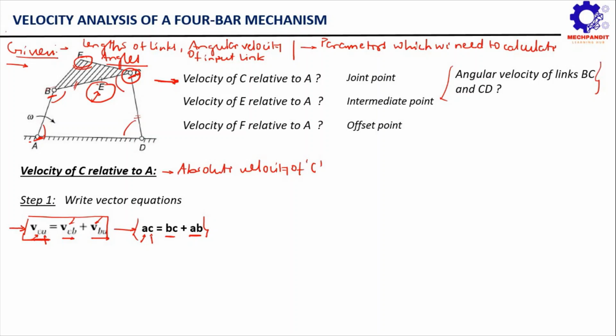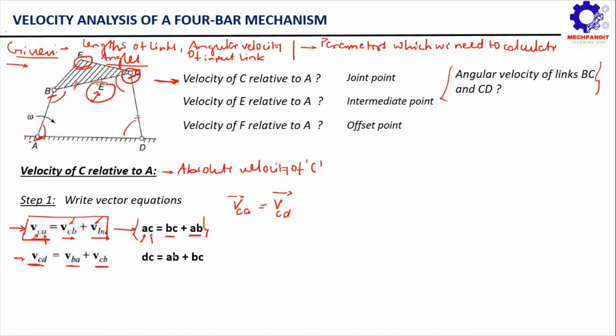Now let's move ahead and see what the next step is. If you observe carefully, in this entire mechanism there are basically two fixed points. One fixed point is A, another fixed point is D, correct? So you can also say that the absolute velocity of point C is equal to VCA vector, and this vector should be equal to VCD vector. Now we will rewrite this equation, and the new equation becomes VCD vector is equal to VBA vector plus VCB vector.